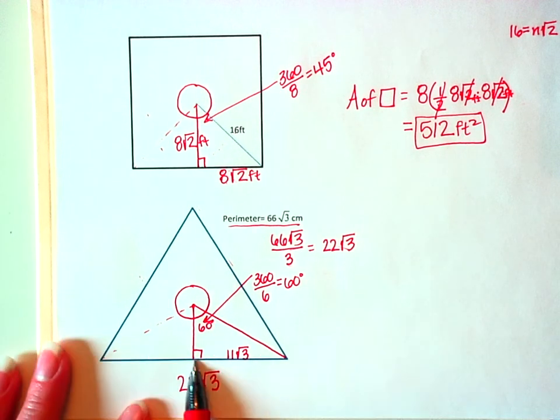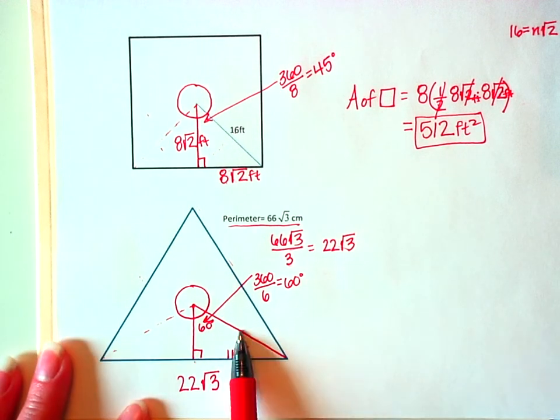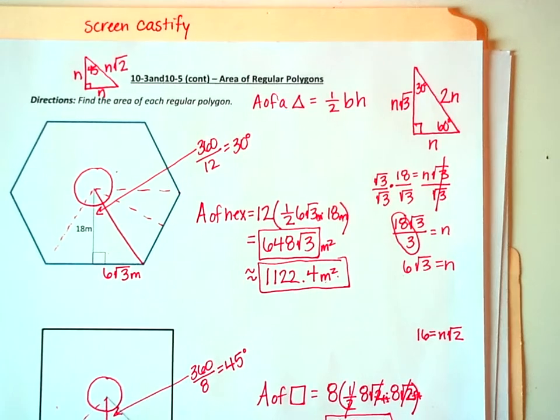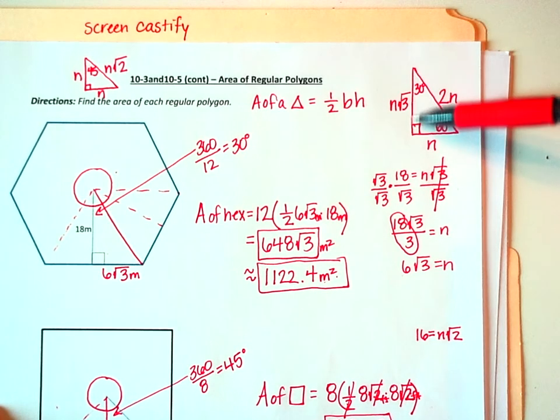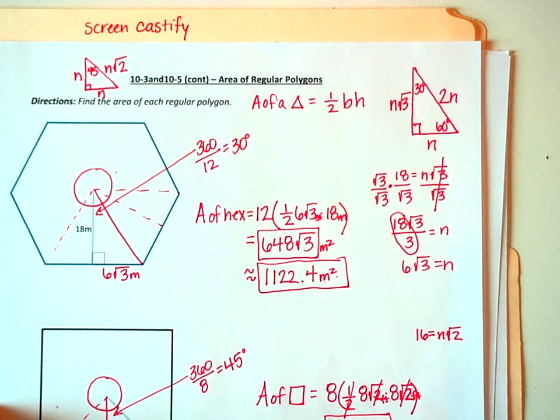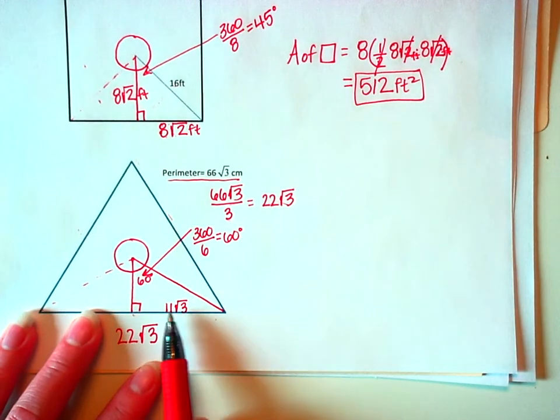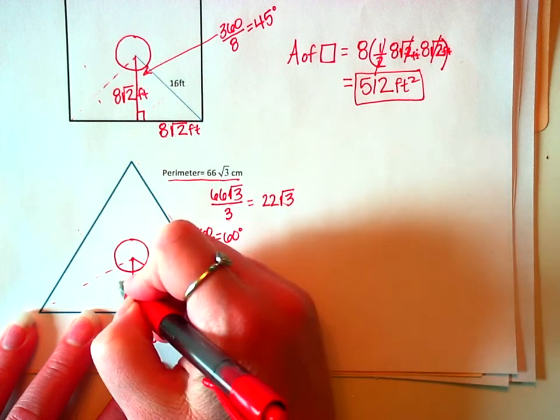And it looks like I have been given not the hypotenuse, not the short leg, but the long leg. The long leg of a 30, 60, 90 triangle is your n square root 3. So that means our n is just 11, and that goes here.